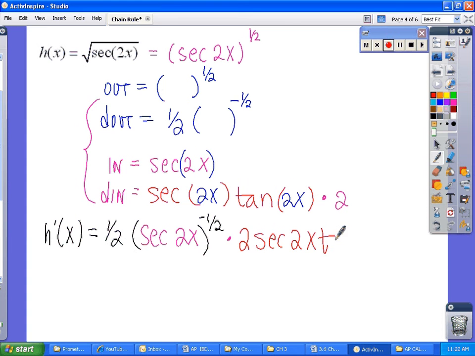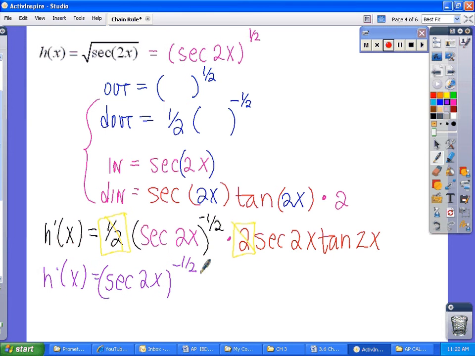What you should notice is that this 2 and this 1/2 will cancel and give you 1. We can rewrite this as secant of 2x to the negative 1/2 power, secant of 2x, tangent of 2x. And these two terms can be combined.